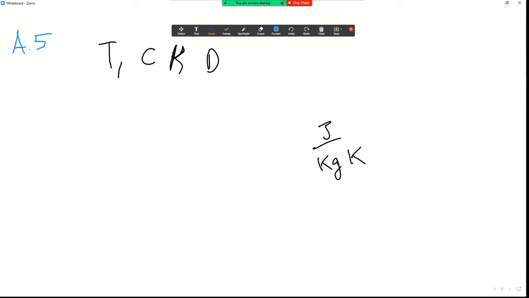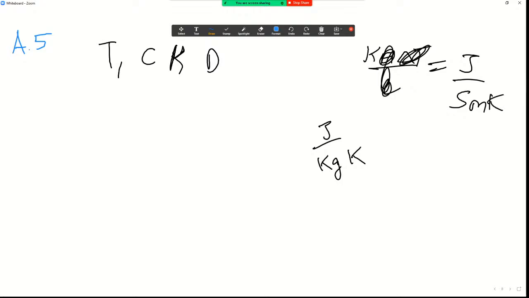So I guess this should work. And dimension of kappa is K A delta T by L equals to power. So power is joule per second. So we have an area, so we have meter here and Kelvin here.